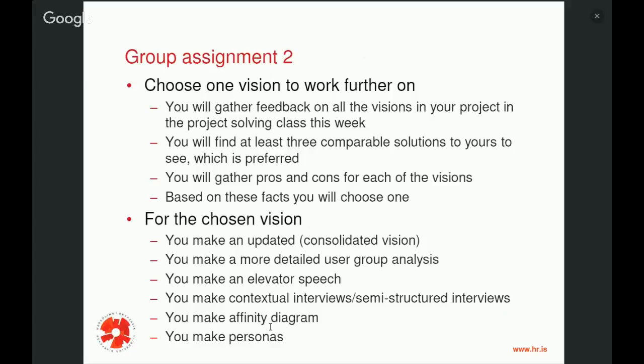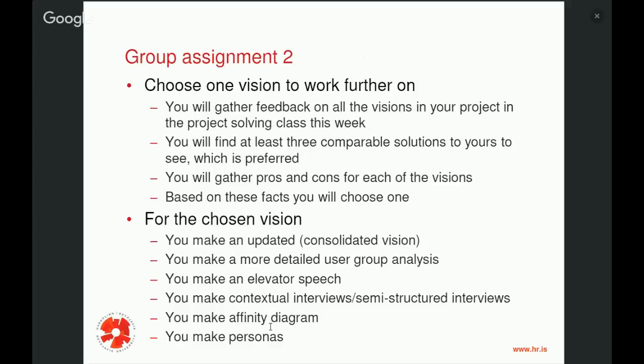So you haven't learned how to do that before. It is described in the book, and it has, of course, similarities to interviews, but it also has a special focus. And I would prefer if you do that.